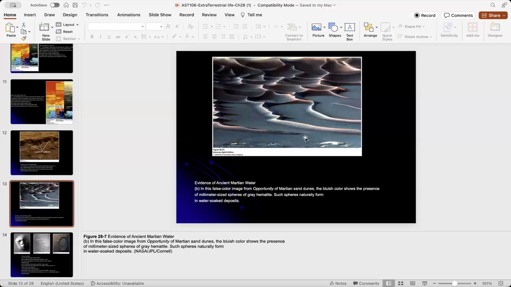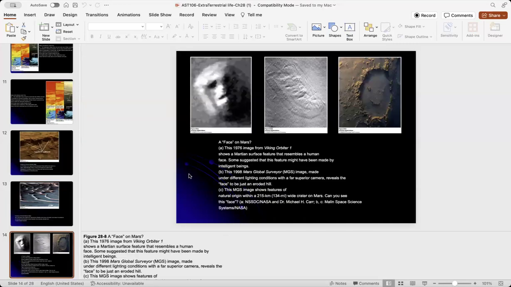Sometimes these kinds of things can happen. We can look at something and our imagination can make us believe something that's not there. For example, here is a picture of a face on Mars, which was thought was made by aliens living on Mars. However, this was just a very fuzzy picture taken in 1976 from Viking Orbiter 1.